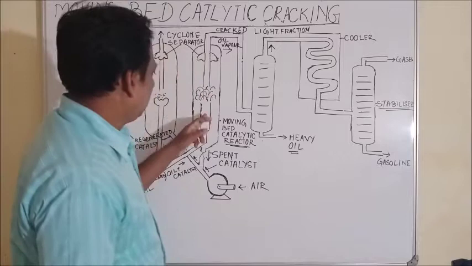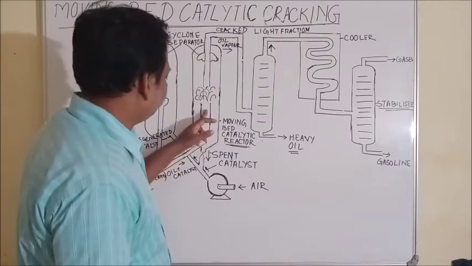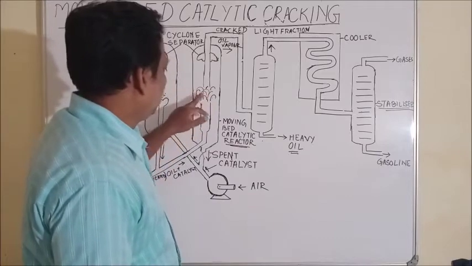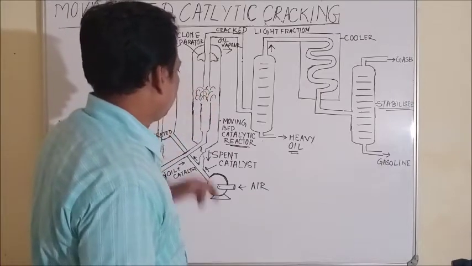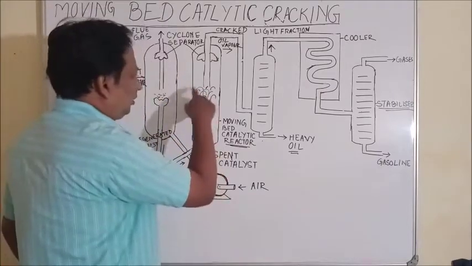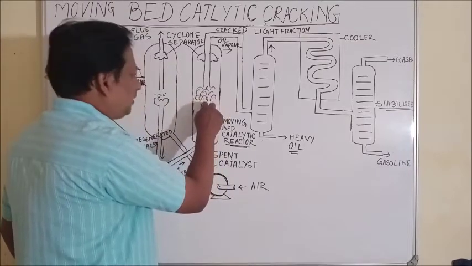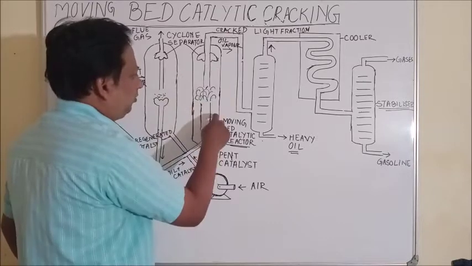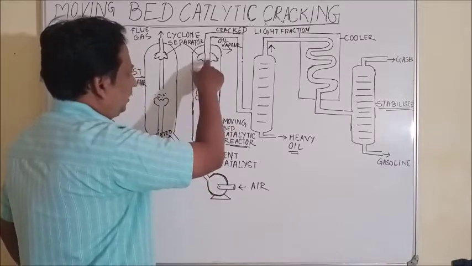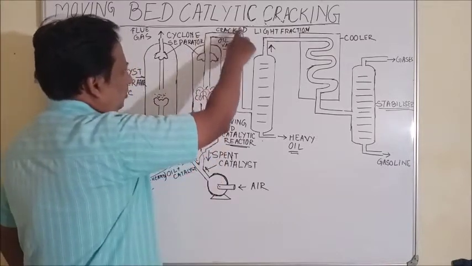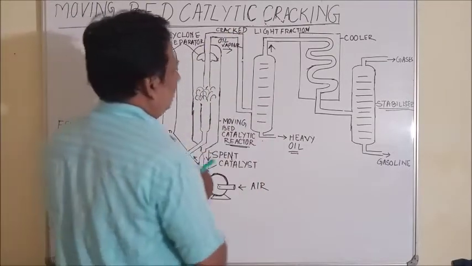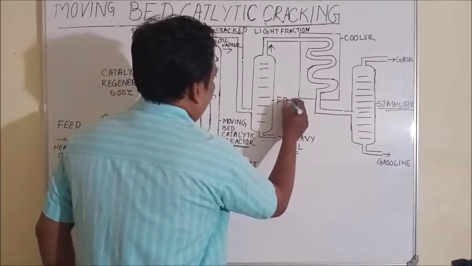So during the process, the oil and catalyst are fluidized in the moving bed catalytic reactor, and the catalyst becomes exhausted. The exhausted catalyst falls back due to the cyclone separator, but the oil vapors pass to the fractionating column.